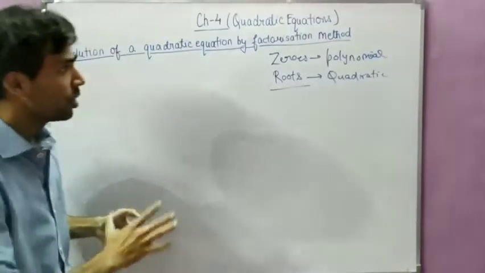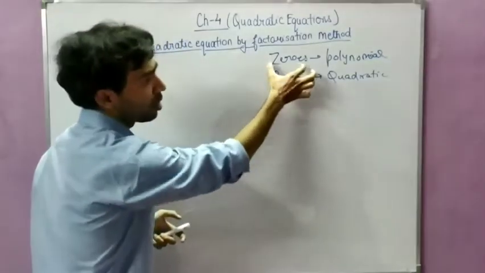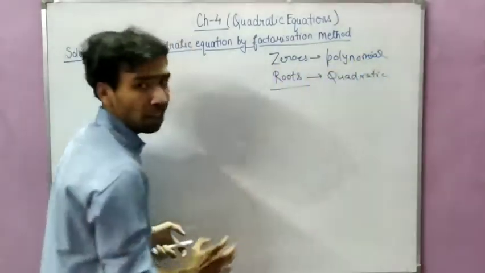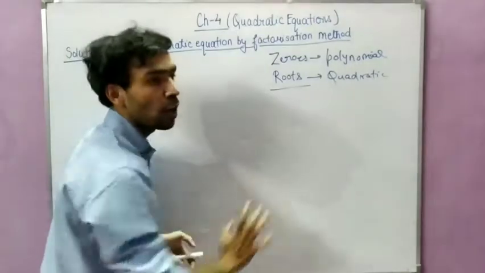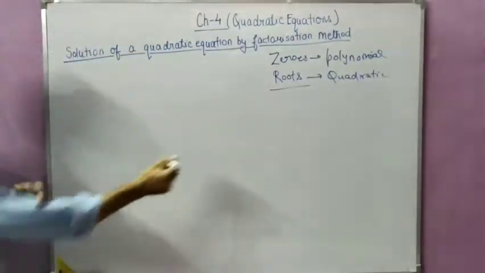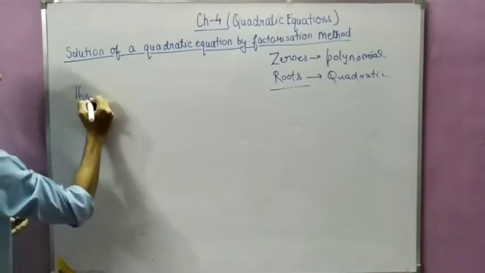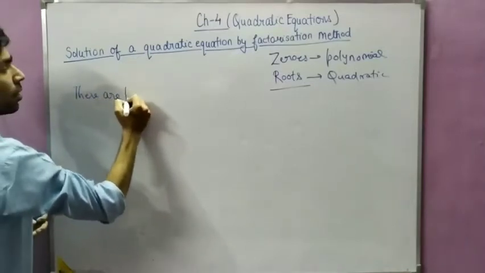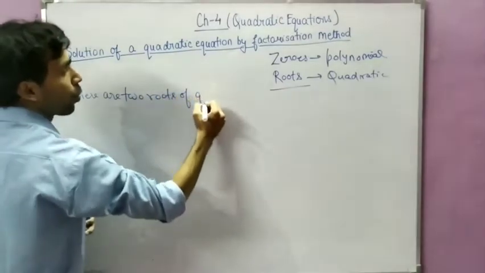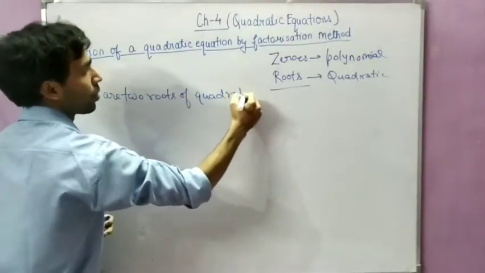Okay, so that's why I told you about zeros and roots. Both are similar, but the word zeros is used in the polynomial and the word roots is used in the quadratic. And remember one thing, in a quadratic equation, how many roots? There are two roots of a quadratic equation.